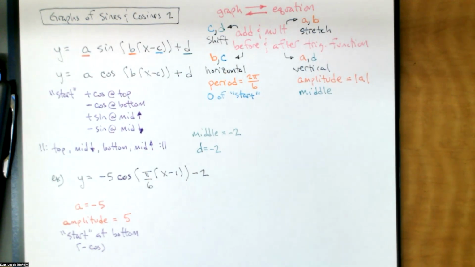I can combine the middle and the amplitude to figure out where the top and the bottom are going to be. The top will be the middle plus the amplitude, the bottom will be the middle minus the amplitude.